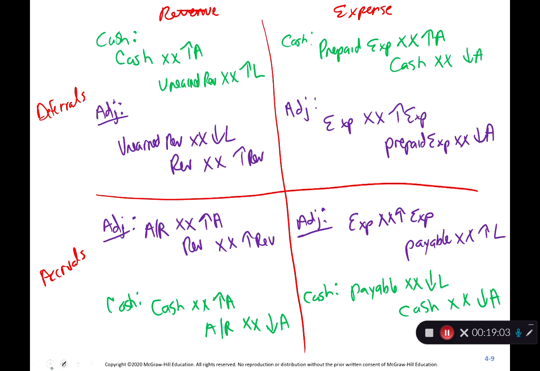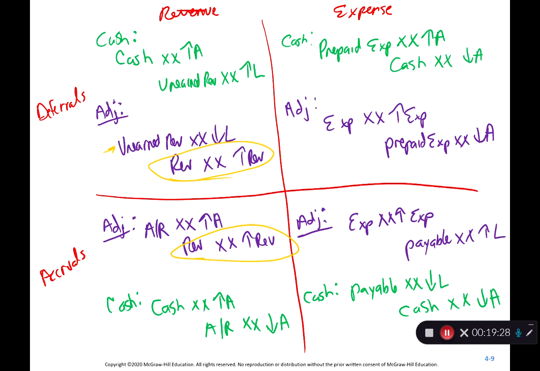And then some commonalities that I want to show you between the entries to make this a little easier. Is that when we have adjustments for revenue, no matter if it's a deferral or accrual, we always have a credit to revenue. And then what's the debit? Well, we use a little common sense to think it through. If we've previously had an unearned revenue, then unearned revenue is our debit.